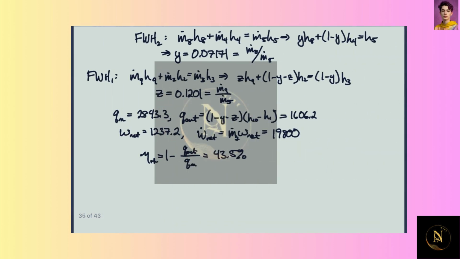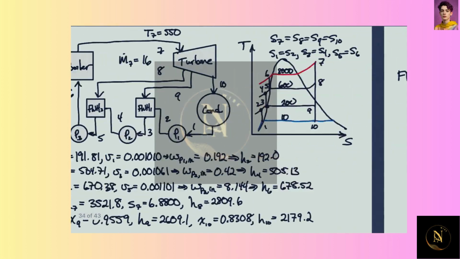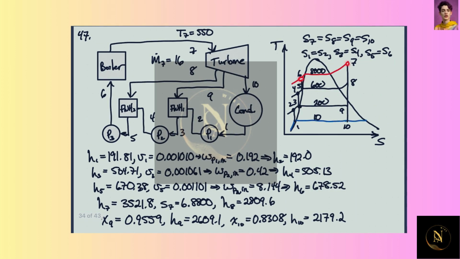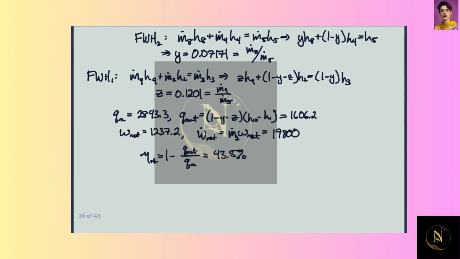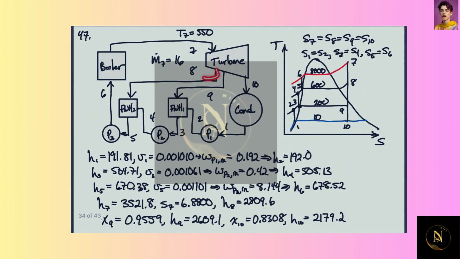So let's see here. Then we have heat transfer in. Again, from here to here we get that. Looking at the boiler and the condenser, in the condenser we have to subtract off y and z because we've filtered off that.